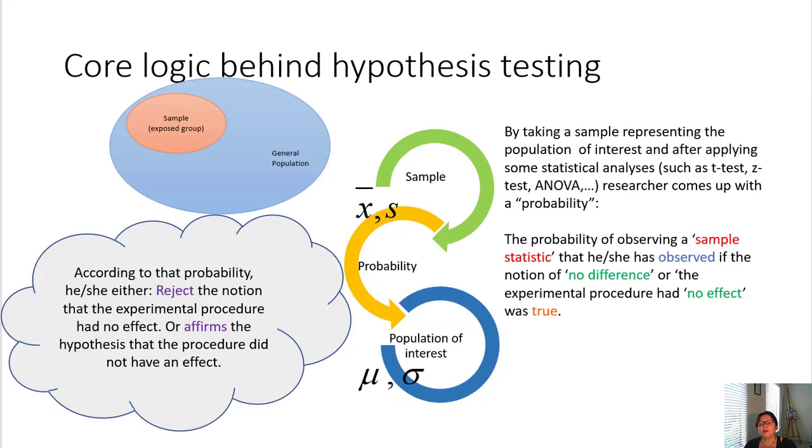Now, the core logic behind hypothesis testing is that from the general population, we take a sample, and in that sample, for example, we expose the group to a specific medication, or if we are talking about sales in a company and we are using a new promotional material, then we look at the sample that we have introduced that promotional procedure to for testing.